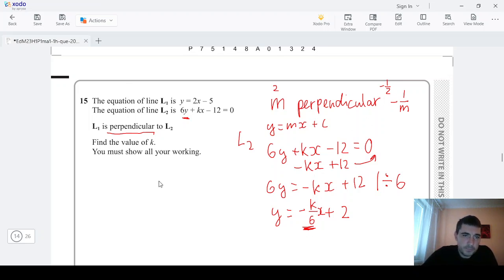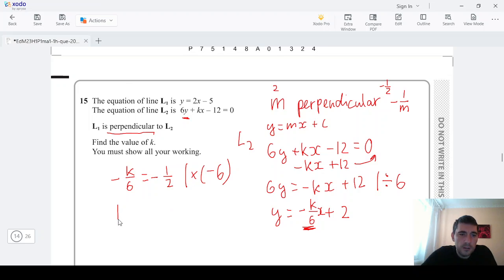So just set up the equation: minus k over 6 should be equal to negative 1 over 2. What I need to do is just solve it for k. So k is divided by negative 6, so to cancel that I just times by negative 6, and we get that k is equal to negative half times negative 6.